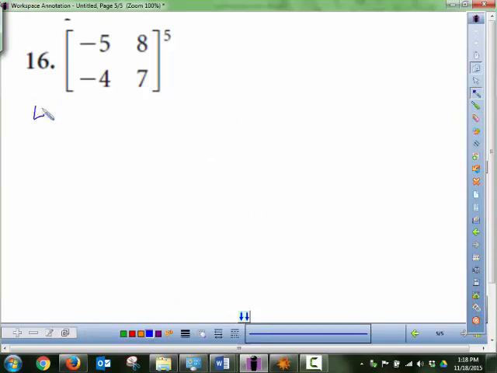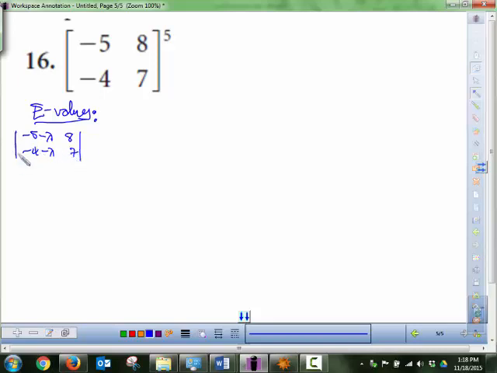All right. Let's start with eigenvalues. For this, we're going to start off with -5 minus lambda, 8, -4, 7 minus lambda. The determinant of that is 7 times -5 minus lambda minus 8 times -4 minus lambda.